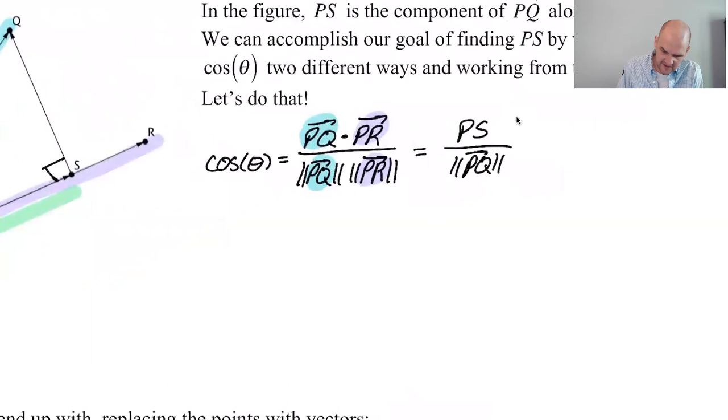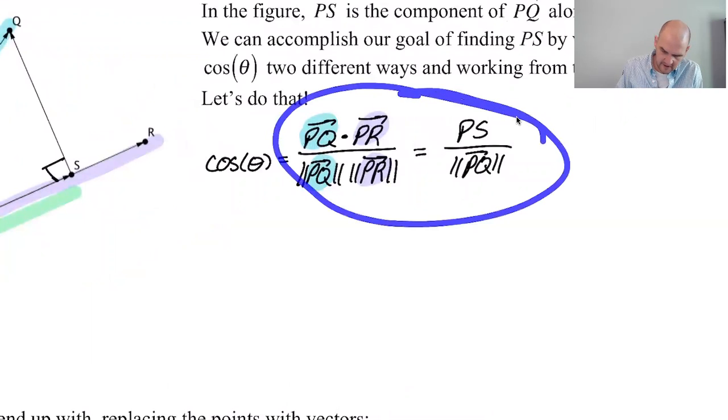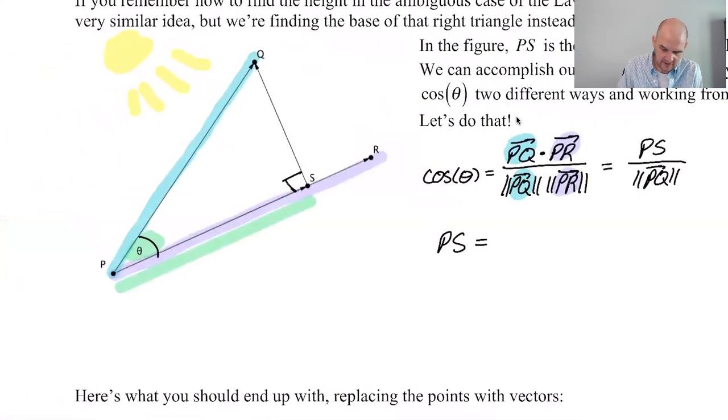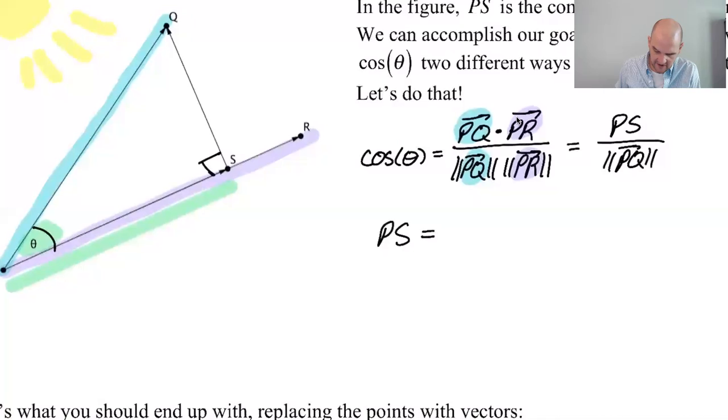So from here, if I multiply across by the magnitude of PQ, it's going to cancel. And so I get that PS, which is essentially the shadow, right? The length of this is the length of the shadow of PQ on the ground, which is PR. So it's the component, we call it, of PQ along PR, but it's just the shadow.